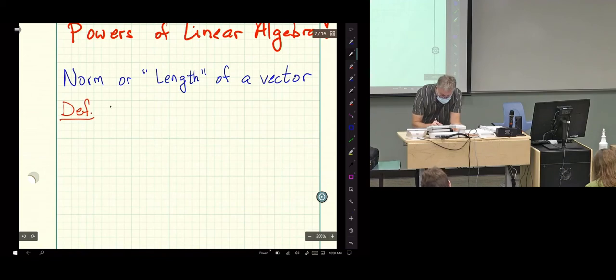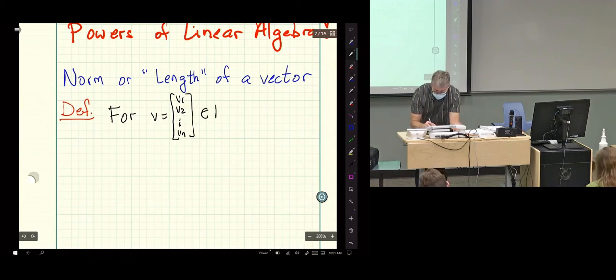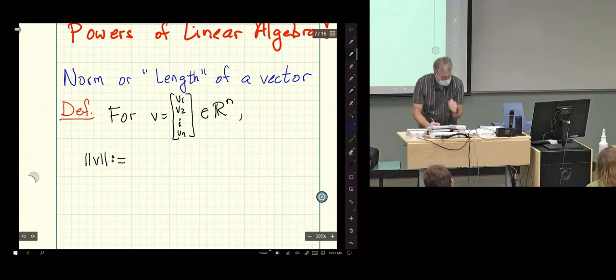Okay, so for v equals v1, v2, dot, dot, dot, vn, an element of the vector space Rn, we're going to use the symbol double bar, and it's by definition equal to.